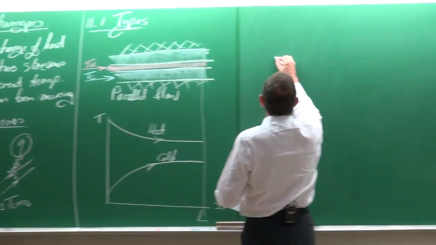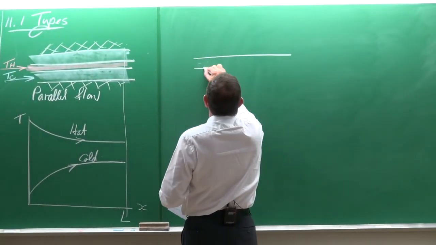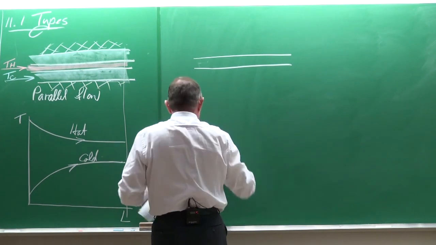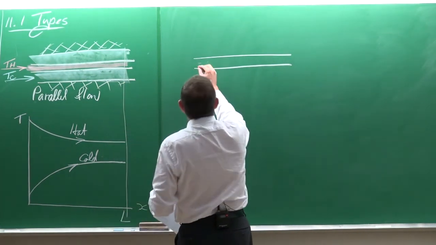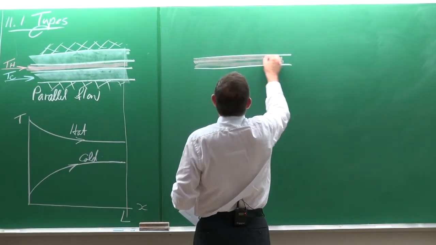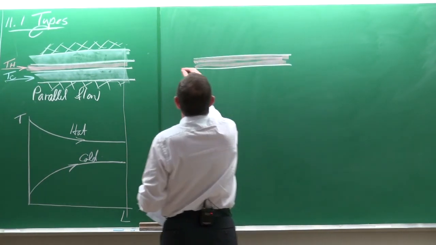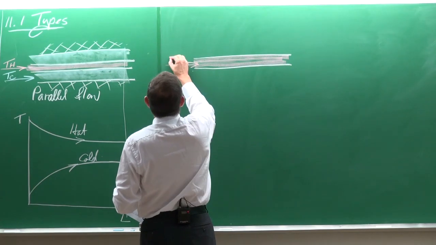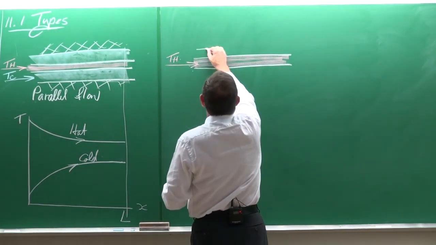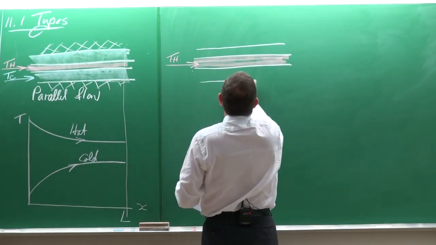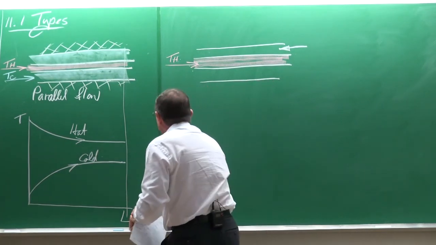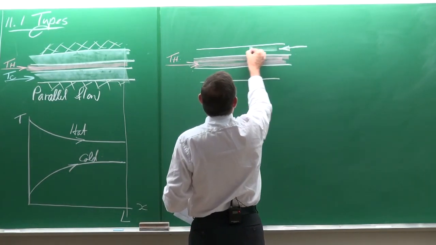Then we have the opposite. The parallel flow heat exchanger is not being used a lot, and later on you'll see why, because it is not as effective as the counter flow one. If that is the hot stream, TH, then that is the annulus, and what we now have is that the flow in the annulus flows in the opposite direction.